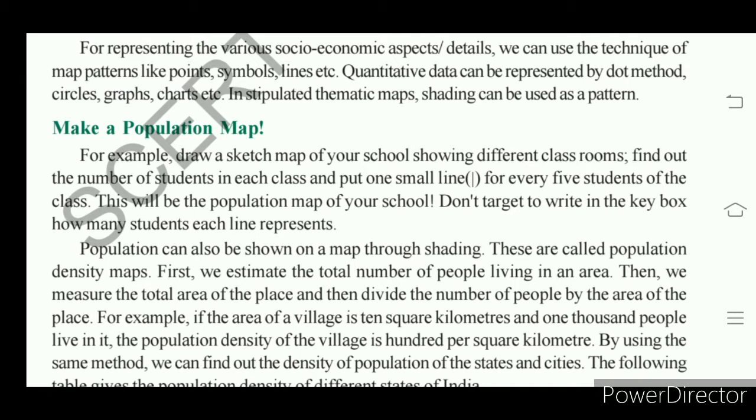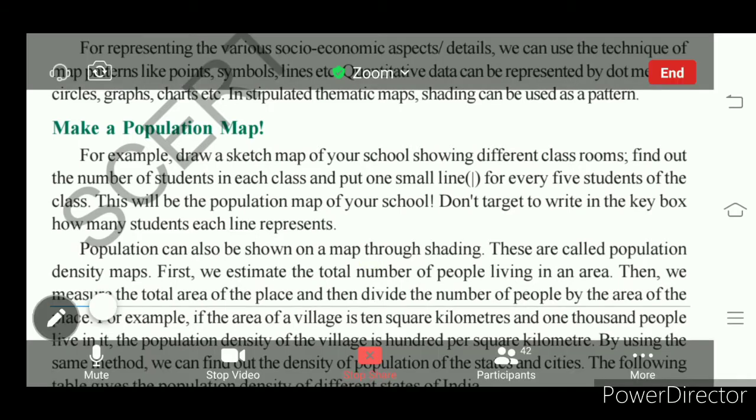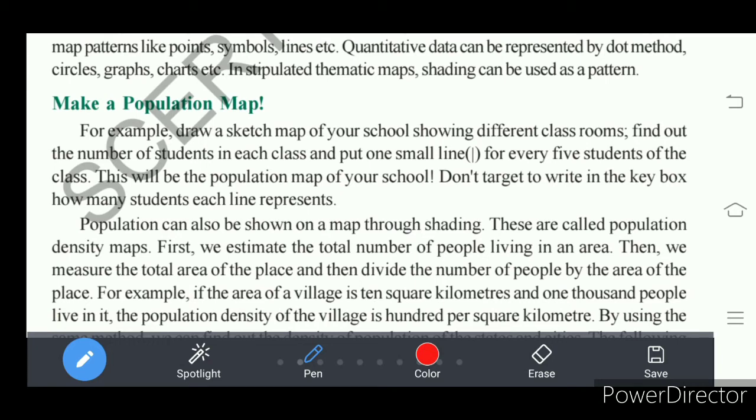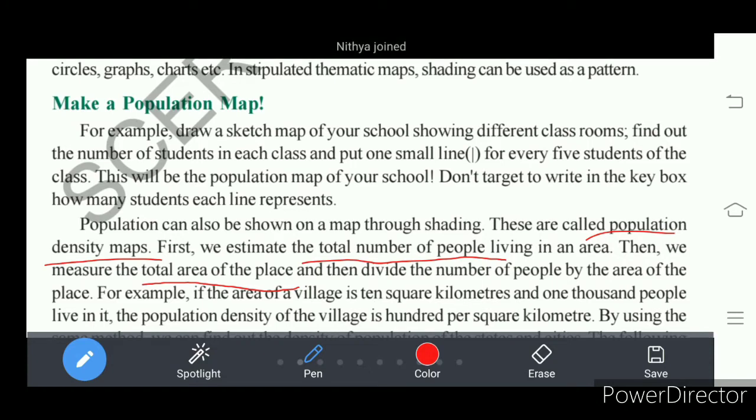Population can be shown with population density. Then what is meant by population density? It is the total number of people living in an area divided by the total area of the place.